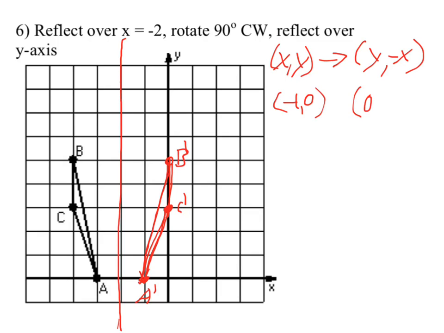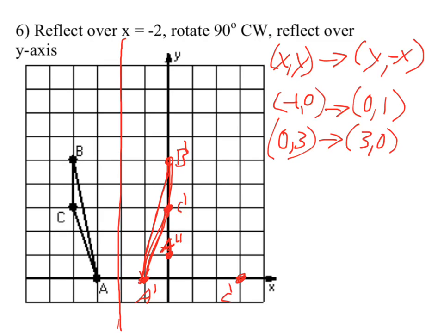you're going to get 0, 1. So A double prime is going to be right there. And then C is at 0, 3. And the new point is going to be 3, 0, which is right there.